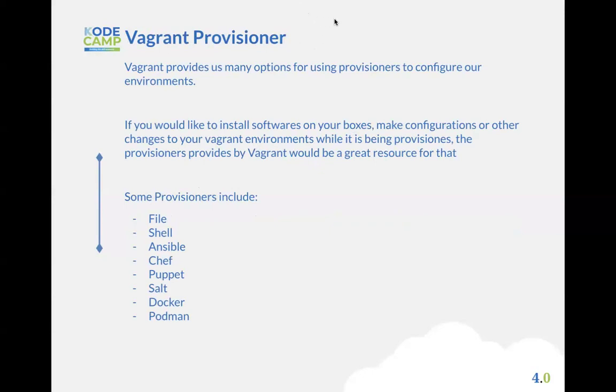So your provisioner, in a case where you want to make extra configurations, maybe install software, make changes to the box that you've created, you can do that using a provisioner, which can be a configuration management language like either Ansible, Chef, or Puppet, or you can have a shell script that you can use to do your configurations within your Vagrant file or with an external file.